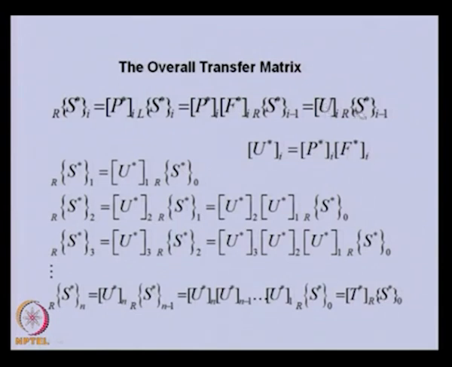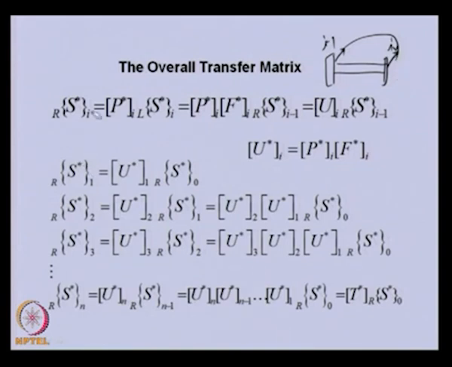Basically it is transferring the state vector: if this is the (i minus 1)th disk and this is the ith disk, the state vector right of the (i minus 1)th disk gives us directly the state vector right of the ith disk.